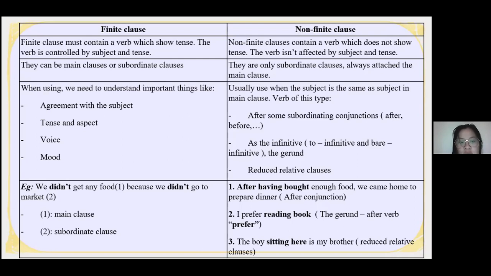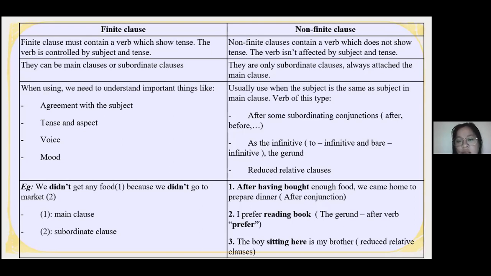And the last one is that when using a finite clause, we need to understand important things like agreement with subject, tense, aspect, voice, and mood. However, non-finite clauses are used when the subject is the same as the subject in the main clause.